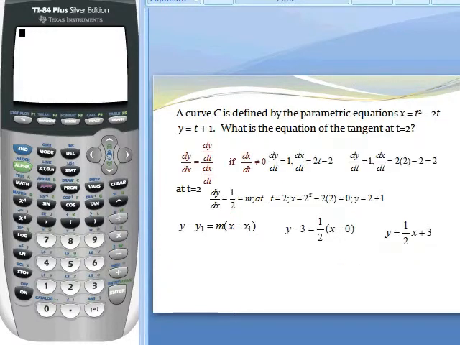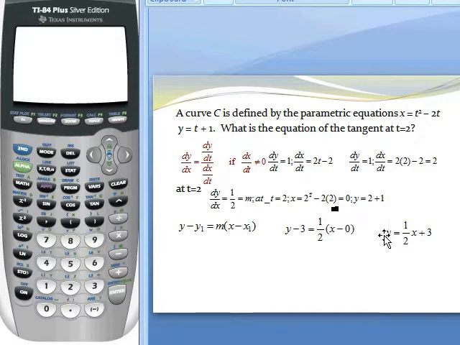Now, let's say I have this situation: x equals t squared minus 2t, y equals t plus 1. I will find dy/dt, the derivative of that, which is 1, and dx/dt, the derivative of this one, which is 2t minus 2.